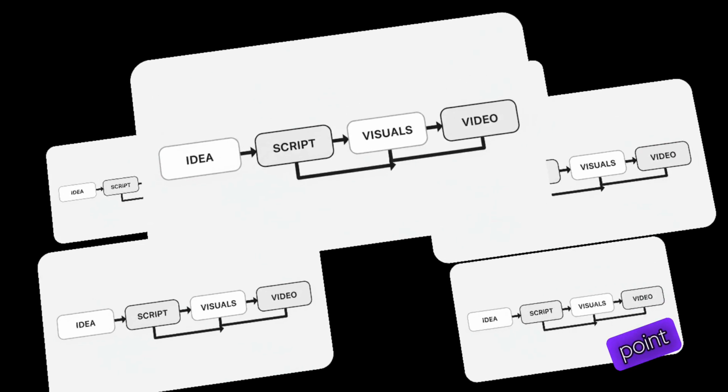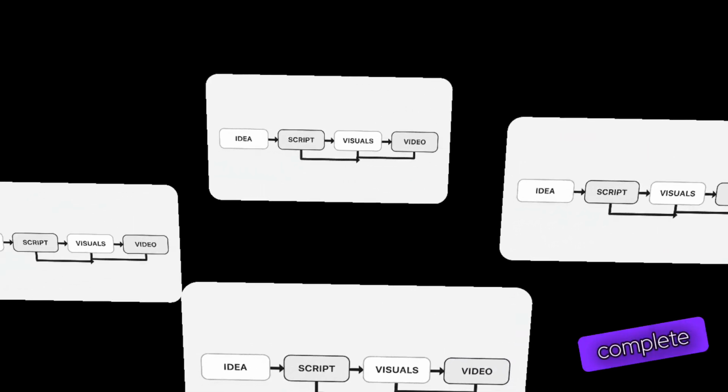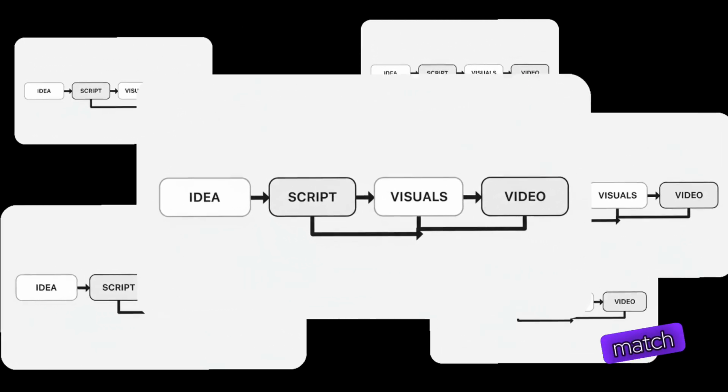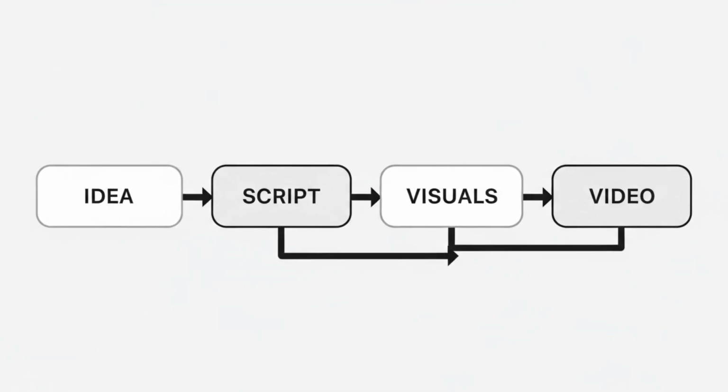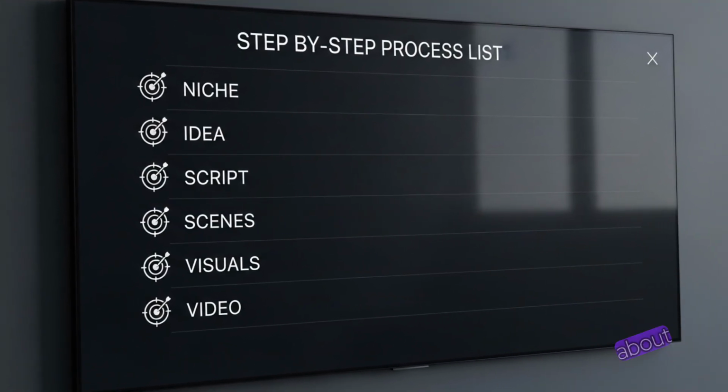At this point, you now have a strong story idea, a complete script, a scene breakdown, and the visuals to match the story. That means a very large part of the work is already done. In fact, this is already about 70% of the process.